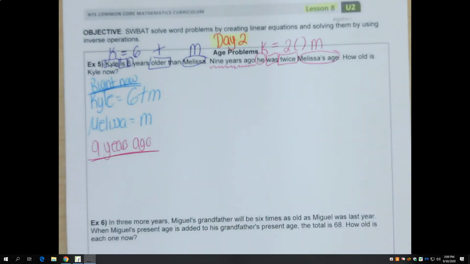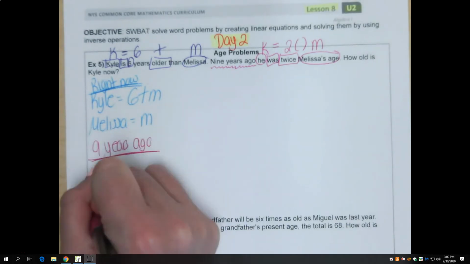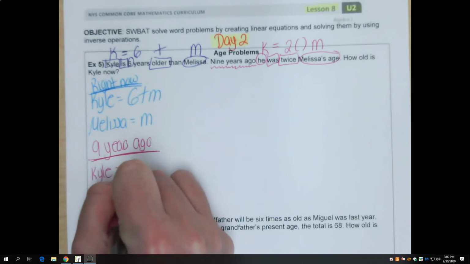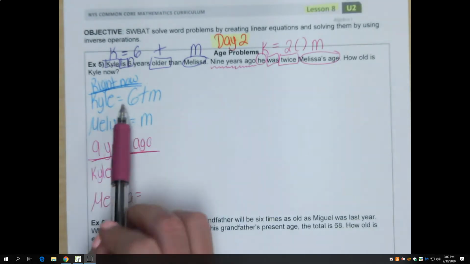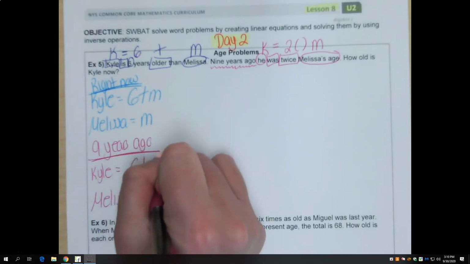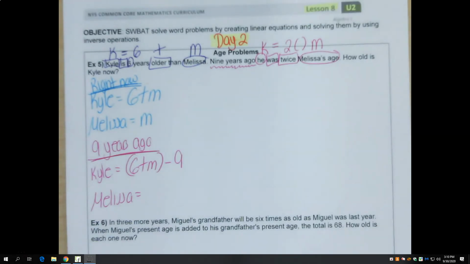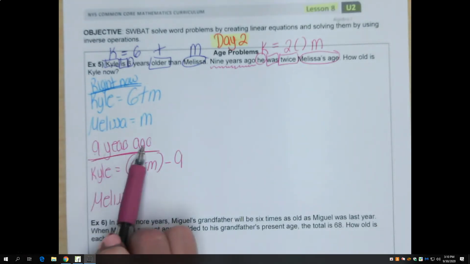So here I go. Let me fill this in. So we have Kyle and Melissa. I'm going to take what Kyle's age is right now, and that's 6 plus m, and I'm going to subtract 9 from it. Because 9 years ago is in the past, that's subtraction.